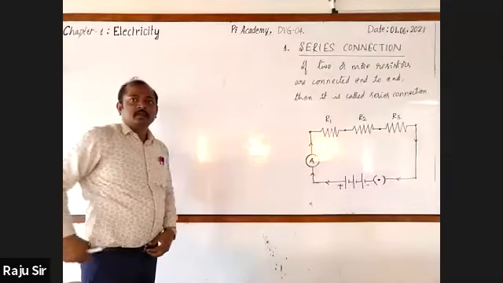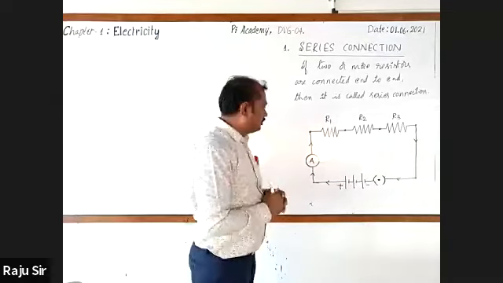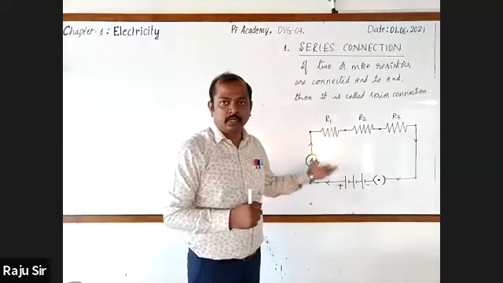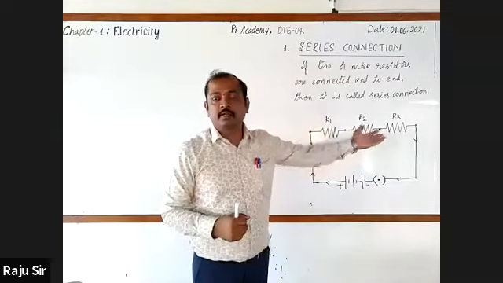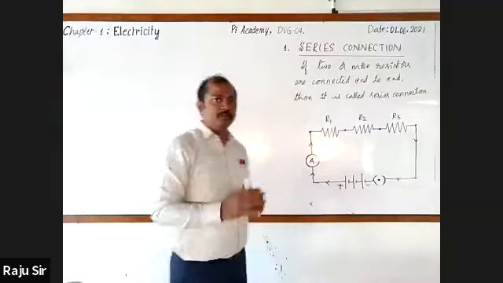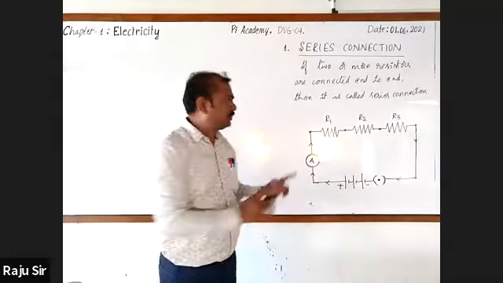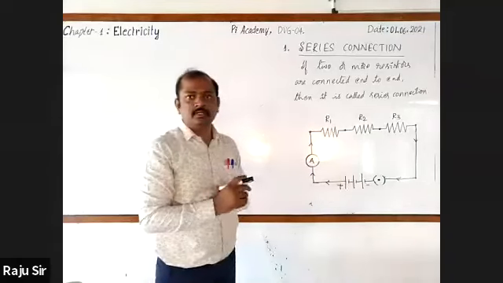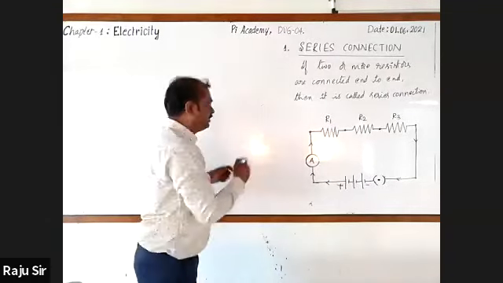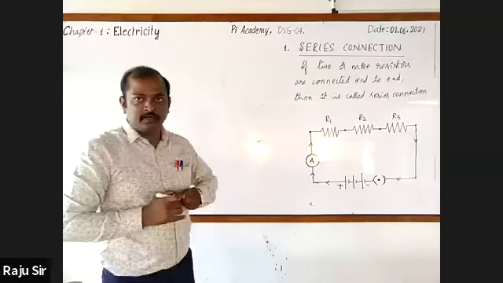Dear students, now let us come to know what happens to the current as the number of electric resistors is increased. Assume that no resistors are connected. Only a simple circuit is there, and you go for measuring the electric current.